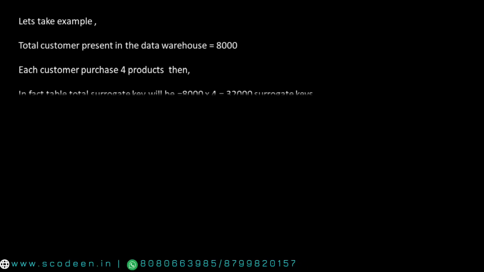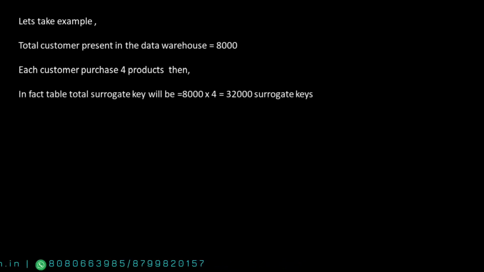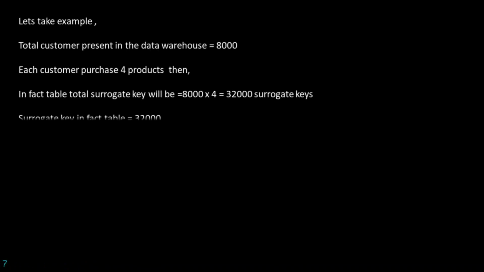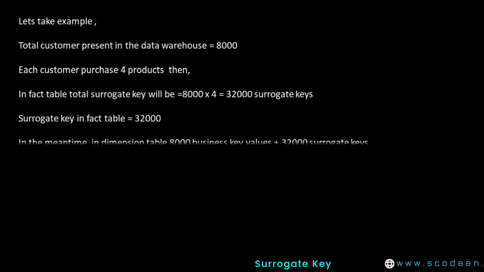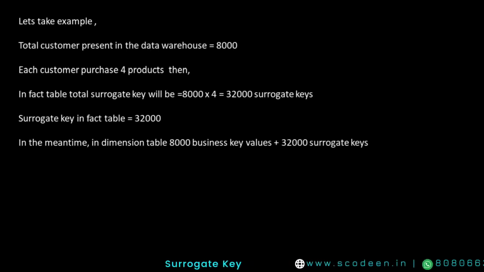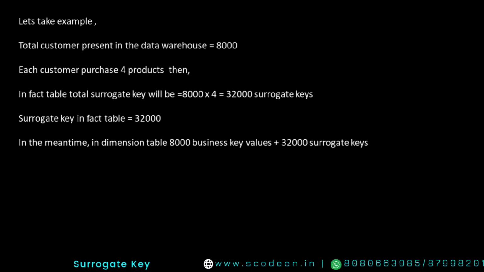But in the dimension table also there are 32,000 surrogate keys, but product ID will be the primary key, so 8,000 business keys will be there. This is the major difference. In the fact table there are 32,000 surrogate keys. In the dimension table it will be 32,000 surrogate keys plus 8,000 business keys.